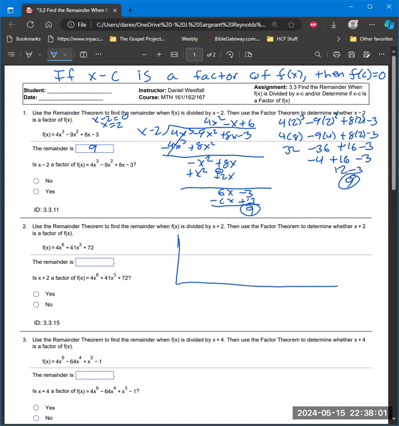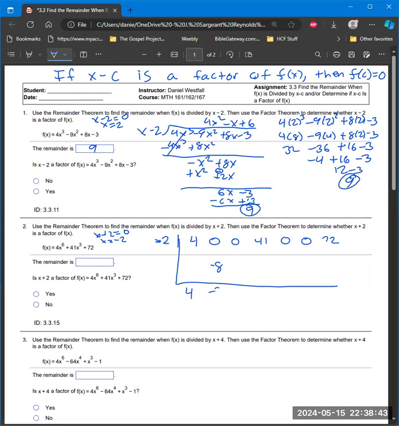If I take that linear divisor, meaning the equation of a line, such as x plus 2, set it equal to 0 and get x equals negative 2, I'm going to put that negative 2 on the outside here, and I'm going to put all these coefficients here: 4x to the 6th, but then I have a 0x to the 5th, a 0x to the 4th, a 41x to the 3rd, a 0x to the 2nd, a 0x to the 1st, and a 72x to the 0, the constant there.